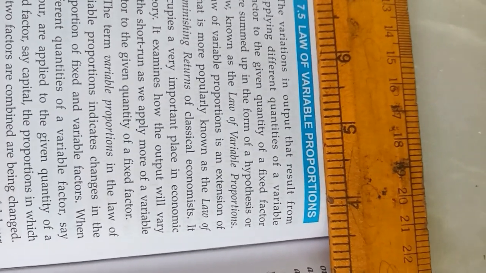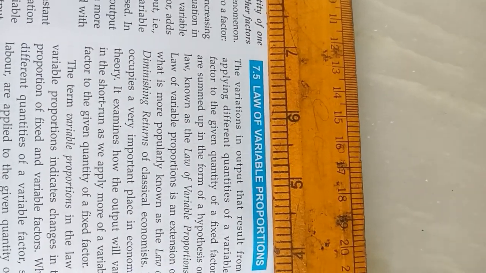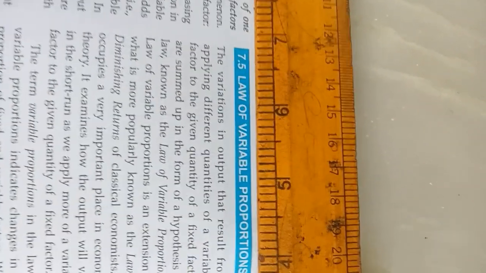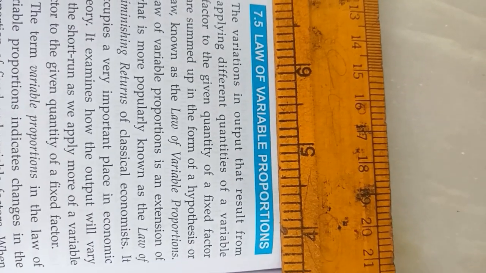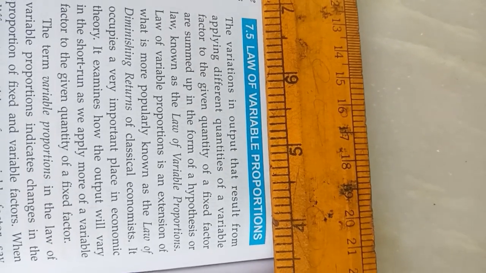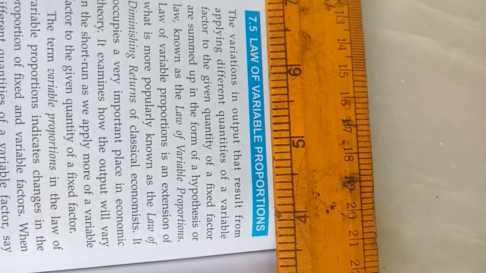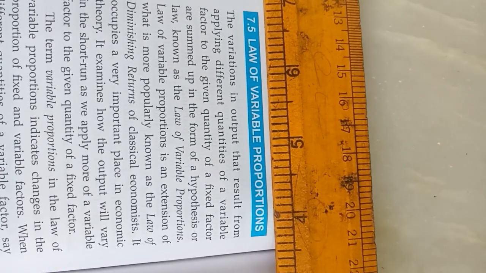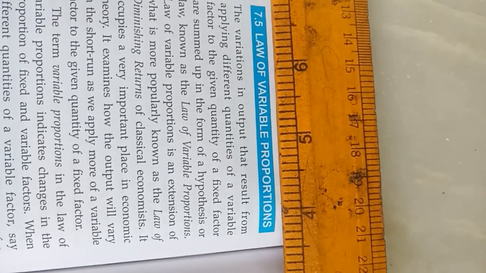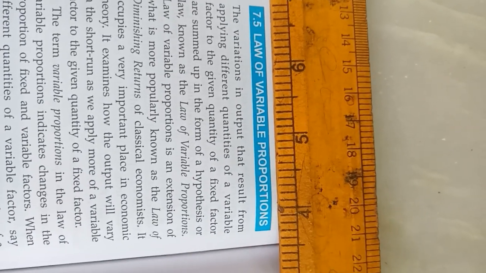When more and more units of a variable factor, like labor, are applied or employed to a given quantity of a fixed factor, then total product initially increases at an increasing rate, but eventually, that means ultimately, increases at a diminishing rate or decreasing rate.